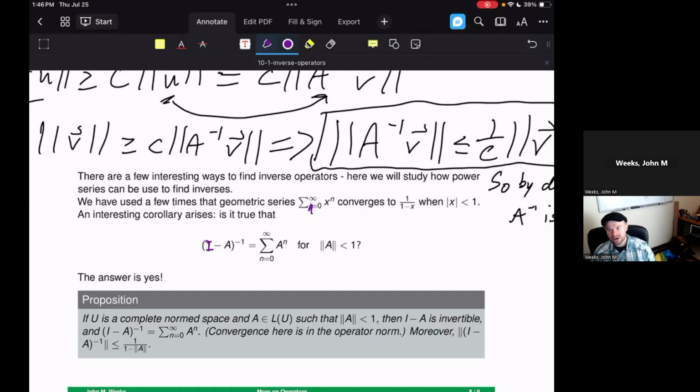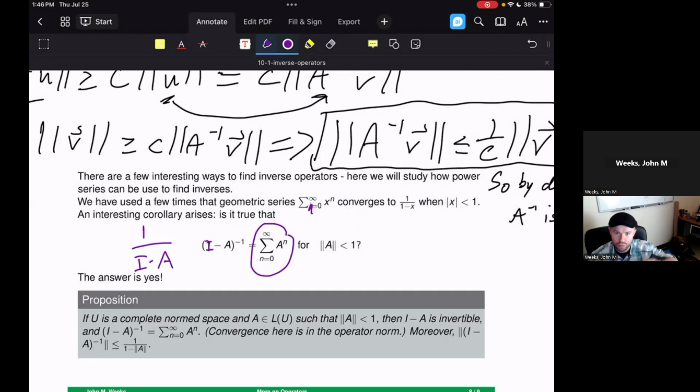An interesting corollary arises that does a couple of things. One is it says that the corresponding notion of this series works in operators. That is, if I looked at the inverse of the identity minus the matrix A, could I write that, subbing out A for x, as the sum as n goes from 0 to infinity of A to the n whenever the norm of A is less than 1?